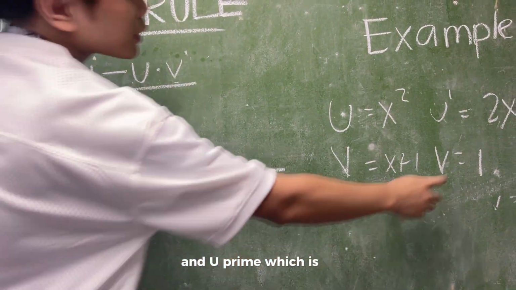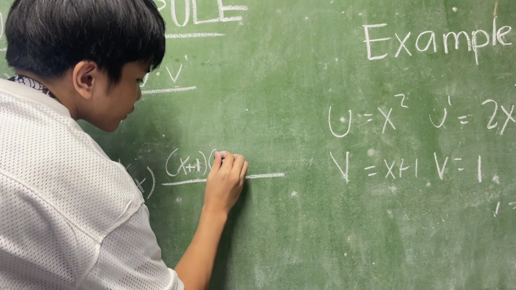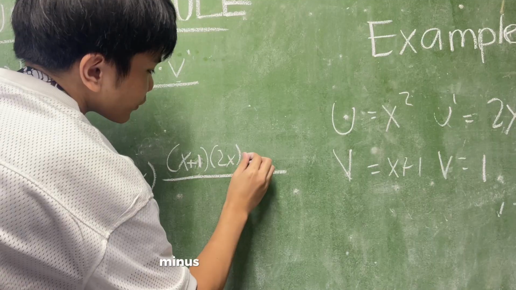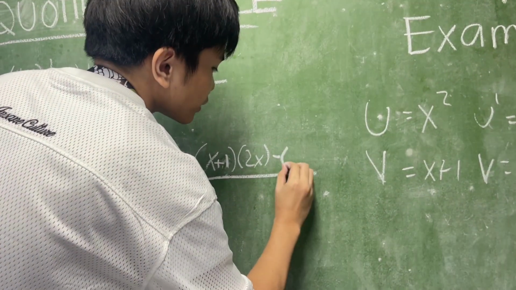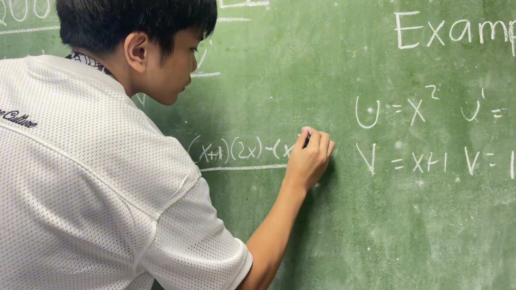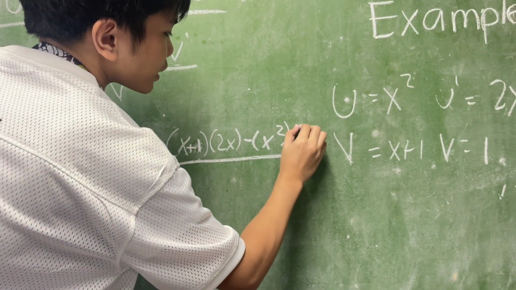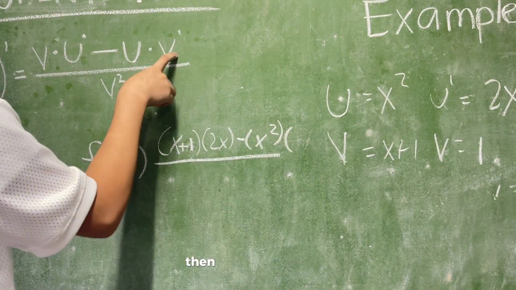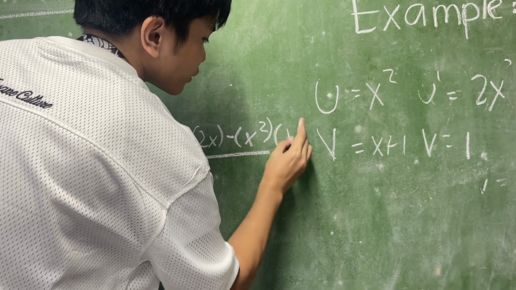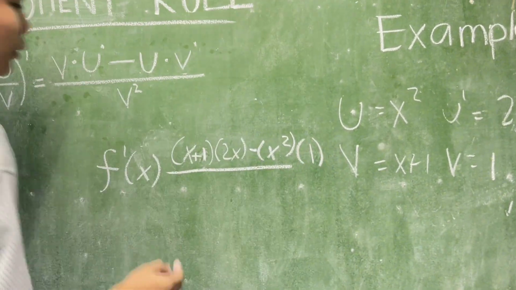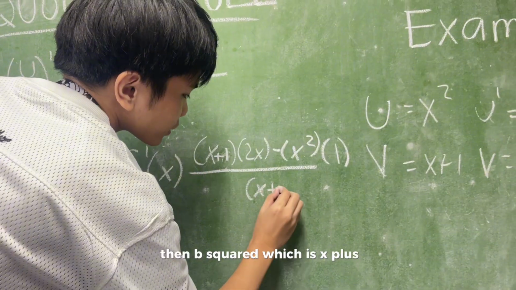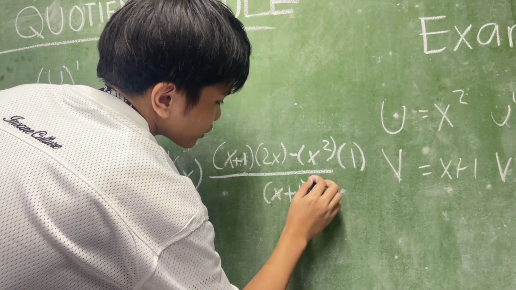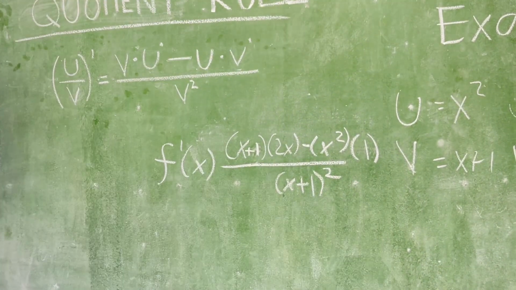And u prime, which is 2x, minus again u, which is x squared, times v prime, which is 1. Then v squared, which is x plus 1 raised to 2.